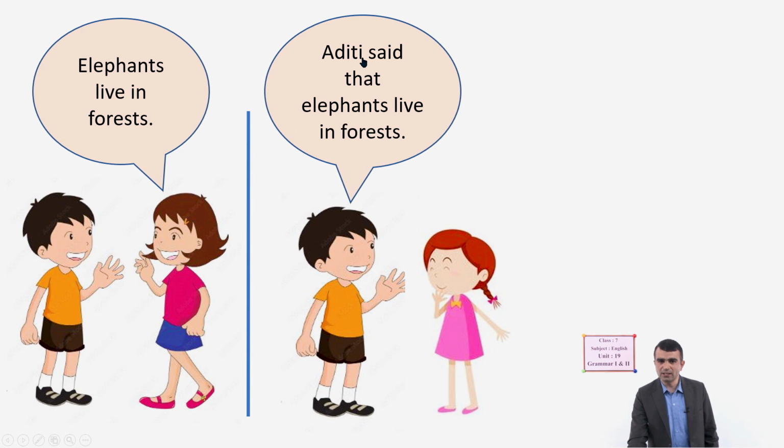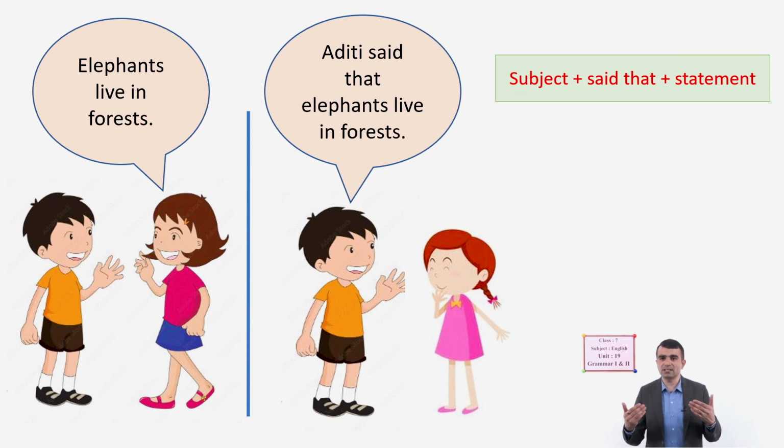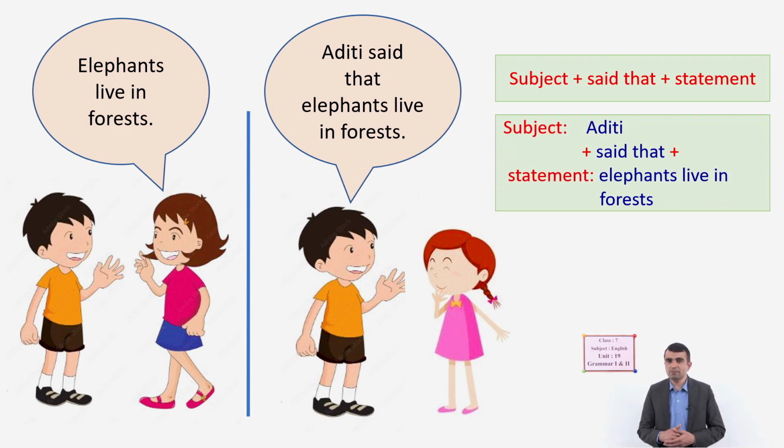Okay, and he used this structure. Now we found that there is subject plus said that plus statement structure in reporting facts and truth. Is it so? Now here you can see subject is Aditi and said that we use, said is reporting verb and that is connective, isn't it?